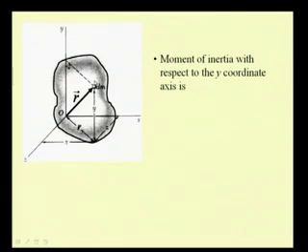Let us say now we are interested to know the second moment of a given body with respect to the principal axes with respect to a particular coordinate system. Let us say we are interested to find the second moment with respect to x, with respect to y, z, etc. Because we have seen earlier that a motion or the angular velocity can be decomposed along their coordinates, that is x, y and z.